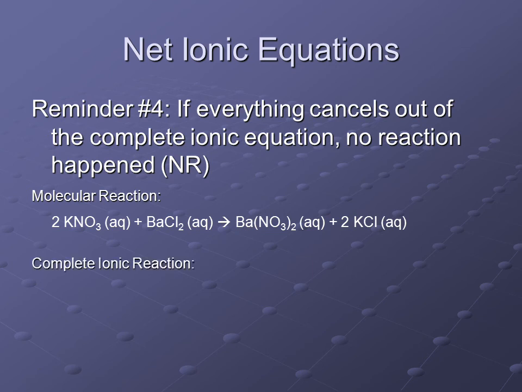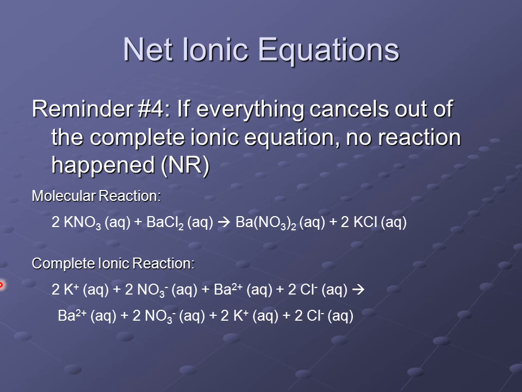The complete ionic reaction, well, let's look at this. Potassium and nitrates are both always soluble, so 1 potassium nitrate will give us a potassium ion and a nitrate ion, but we have 2 potassium nitrate formula units here, and so that will give us 2 potassium ions and 2 nitrate ions. The barium chloride is soluble, so it will give us 1 barium ion and 2 chloride ions.